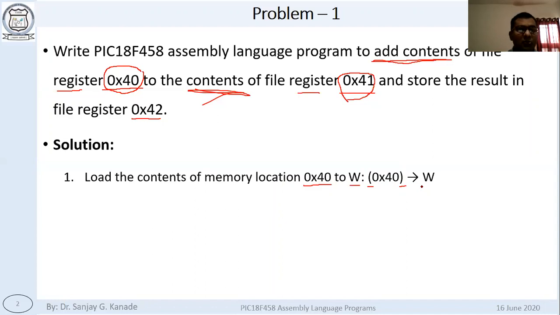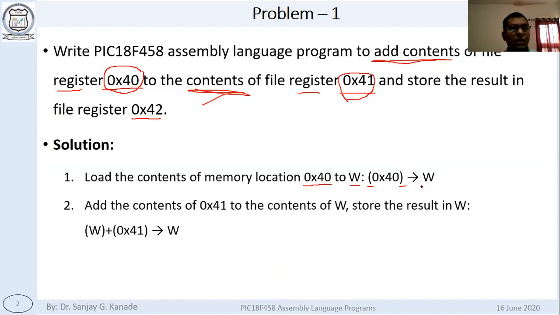Then in second step, what we will do, we will add the contents of 0x41 to the contents of W. Okay, again remember, here what we have, contents of W plus contents of 0x41, means the second register.